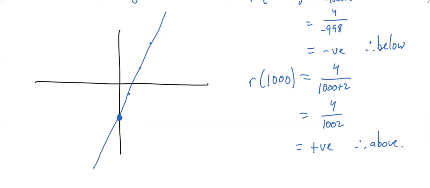And as x's are getting really, really small, so I'm going to the left, I'm approaching from below. And as x's are going to the right, I'm approaching from above. So I can locate where my graph is. And along with all the other stuff that we've done, it'll make sense as to what it looks like.